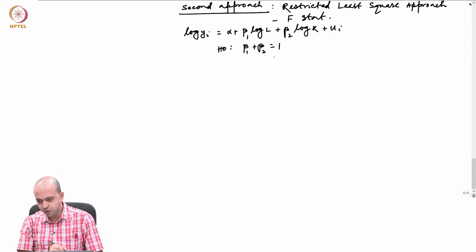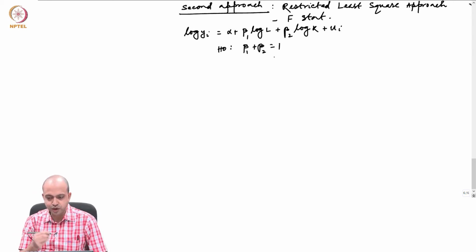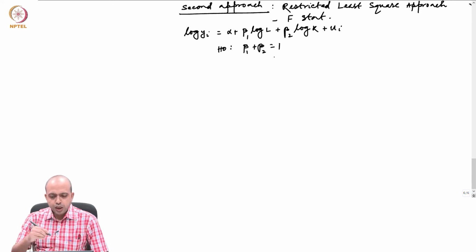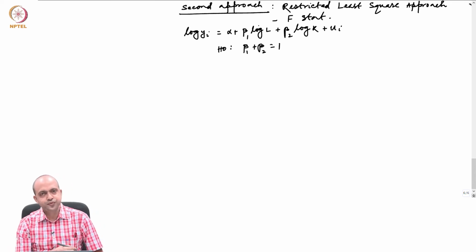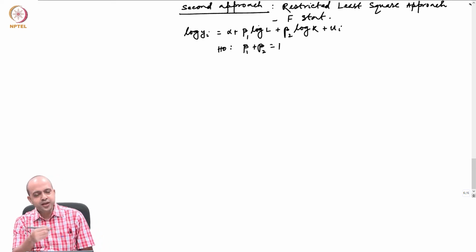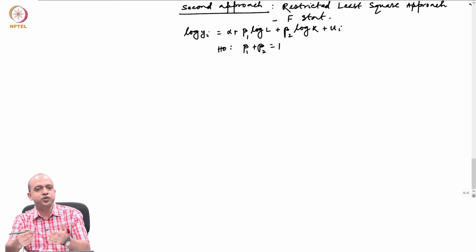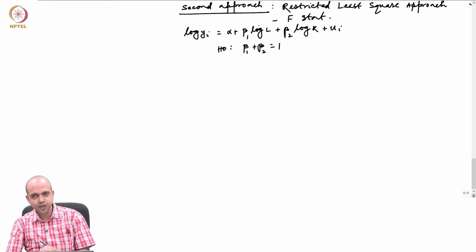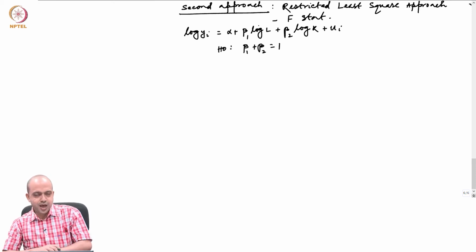Now, this restricted least square approach, this alternative approach says, if you want to test this, you impose this restriction in the production function itself and then derive a restricted version of the production function, and then you derive your test statistic, and then you check the validity of such restriction.